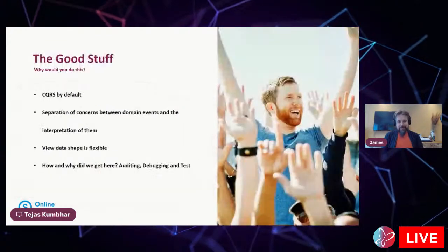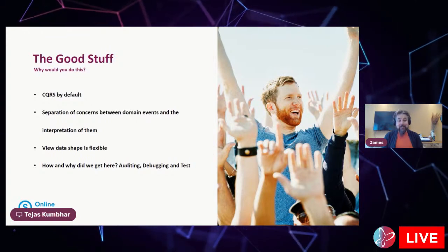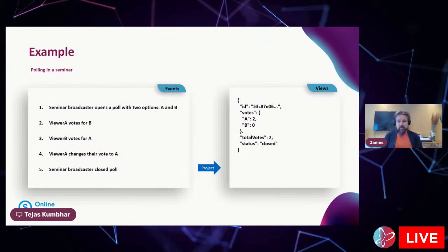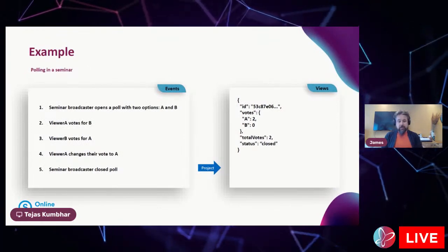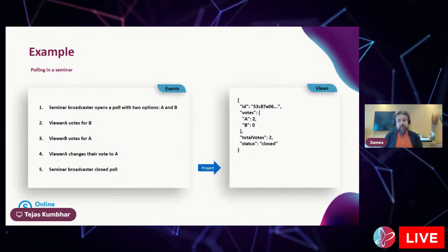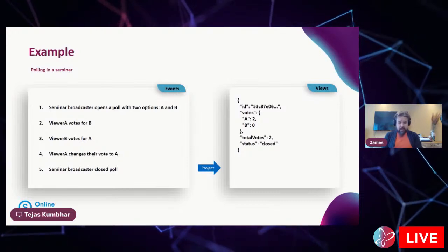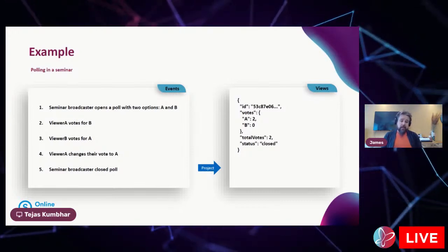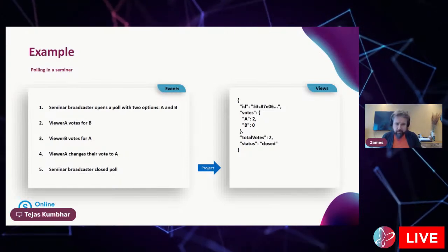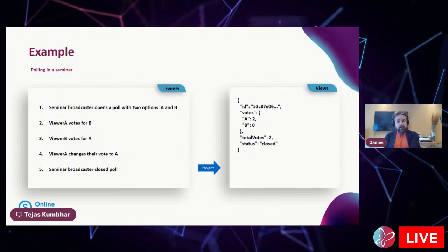Keen-eyed people might have noticed the fact that when we say changed the vote from B to A, this requires some extra information, right? Because if you just look at that single event, the information on just point 4 is not enough to say what was A's old vote.